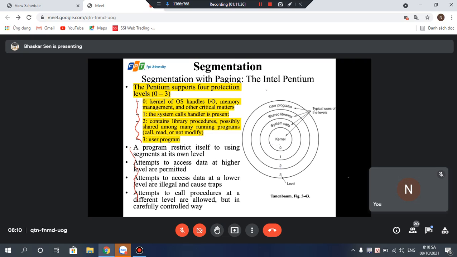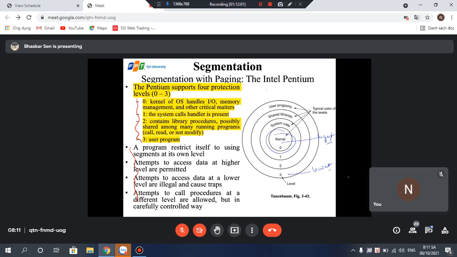So basically, the highest one is 0. Okay, that is the highest level, and this is the lowest level. All right, so what does it mean?